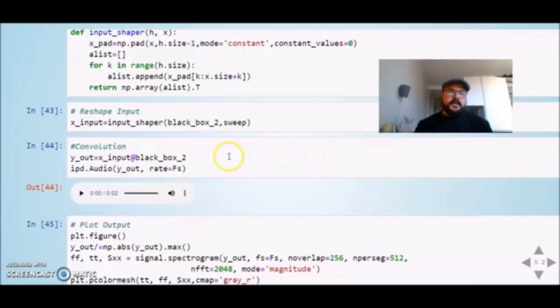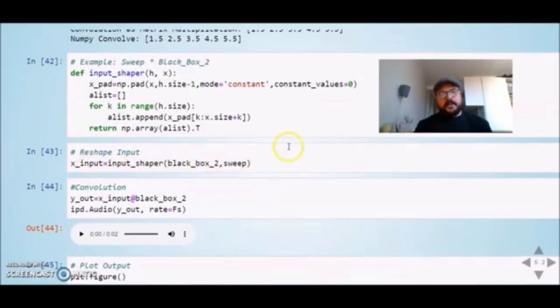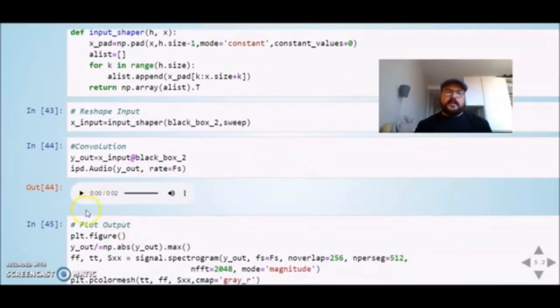So when we apply this matrix operation, we will change the shape of our sweeping sinusoid. So this is what we're doing here. And then we'll multiply with our black box vector. So it's the impulse response, and we will have our output.